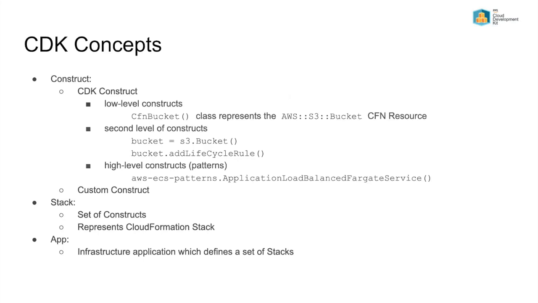And then we have the high-level constructs, also called patterns, that represent many CloudFormation resources. I put this example. The class ApplicationLoadBalancedEcsService creates, in a single class, multiple AWS resources.